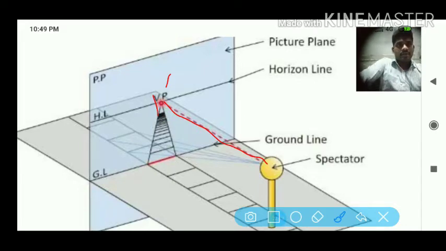Now, after discussing what a vanishing point is: in perspective projection, when the object is drawn on the screen, the size of the object on the screen in two dimensions is not realistic.